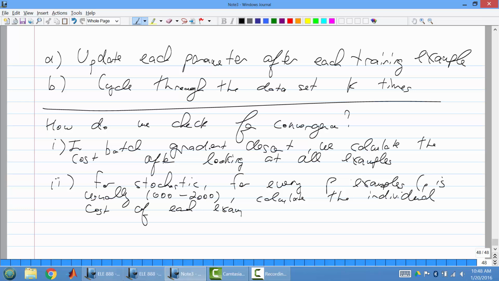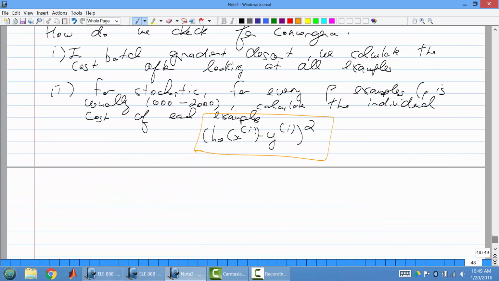So you're calculating this for each training example. Then you take a look at each one of them and find the average over 1,000. Average the P costs to get a final measure.